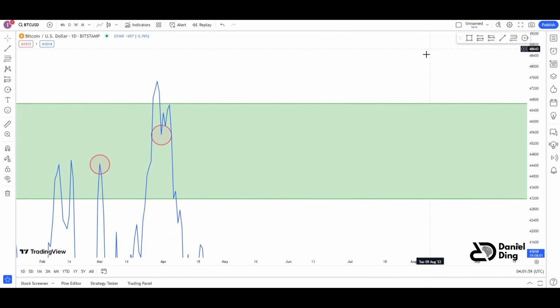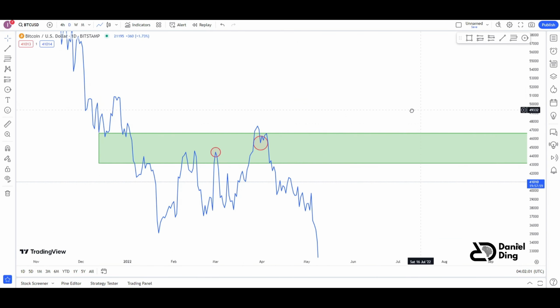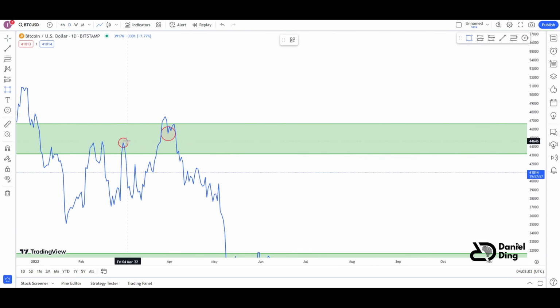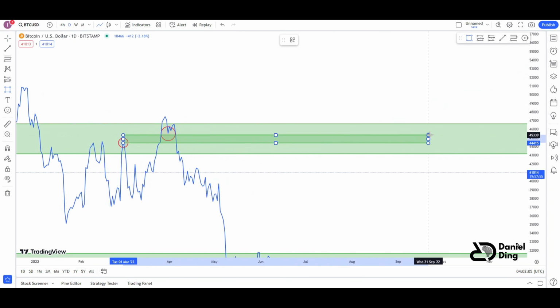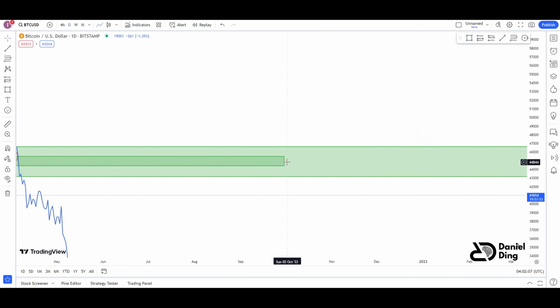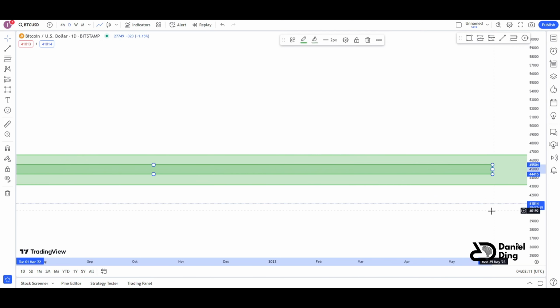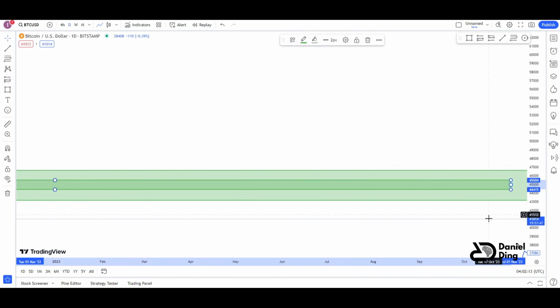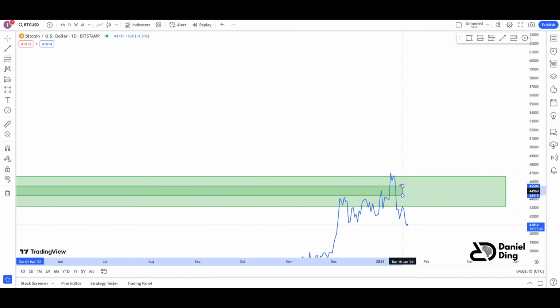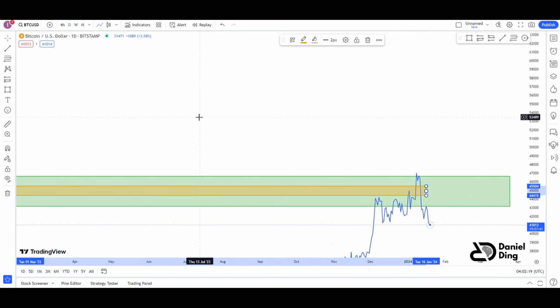Now, let's make a base for the daily time frame. So this is the daily base. What I'm going to do is pull it all the way here, and daily base.